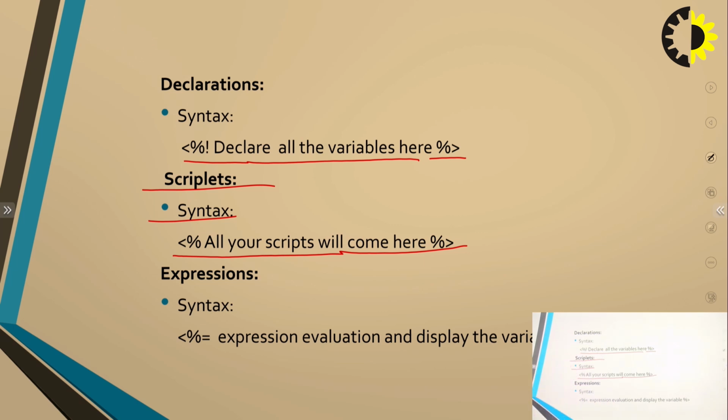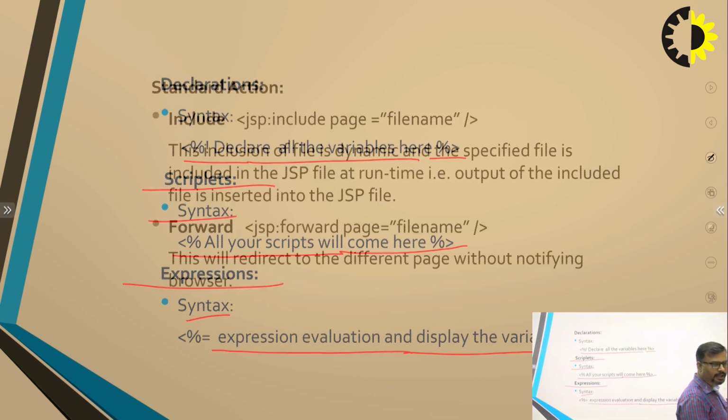Okay. For the expression, the syntax is <%= expression, which evaluates and displays the variable. Okay. These are three components of JSP: declaration, scriptlet, and expression.